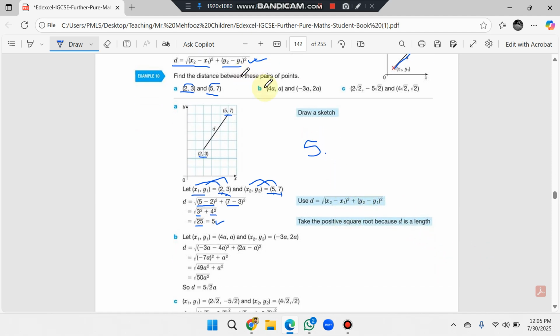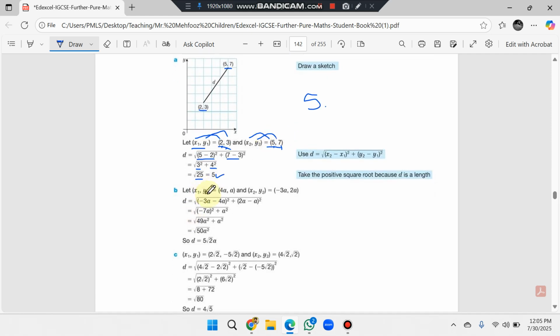Yes. Also, we have the part B. You can see (4a, a) and (minus 3a, 2a). So here x1, y1 is equal to (4a, a) and x2, y2 is equal to (minus 3a, 2a). This is the starting point and this is the ending point. In this case, x1 is 4a, y1 is a, x2 is minus 3a, y2 is 2a.